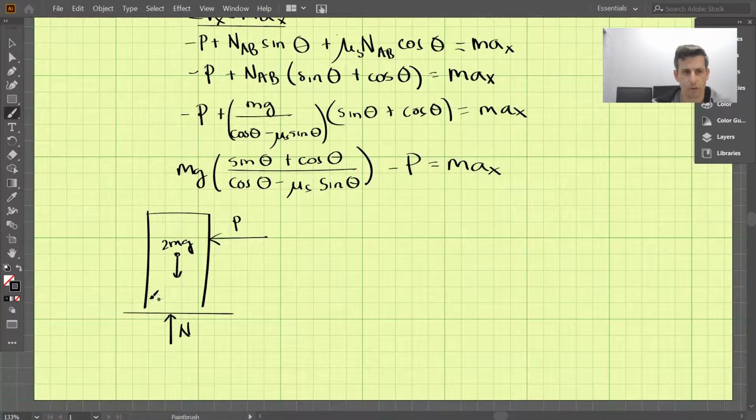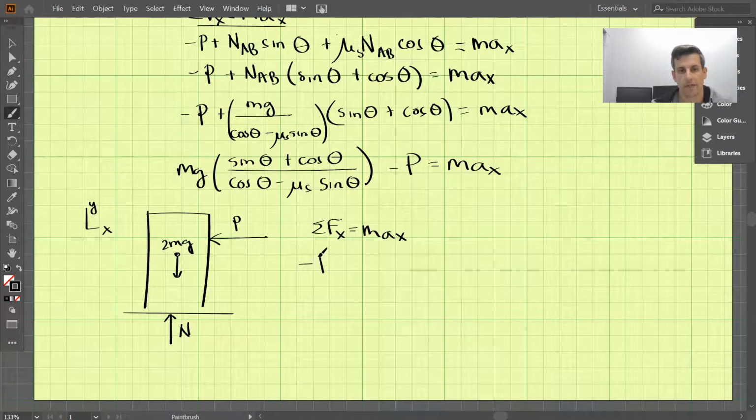So let's analyze this whole structure of these two blocks together, and the sum of the forces in the x direction should equal the mass times the acceleration in the x direction. All right, so in the x direction, we have our regular coordinate system x, y. We have negative P here, and that is equal to the mass, all right? And the mass here of these two blocks together is 2m, and that's multiplied times the acceleration in the x direction.